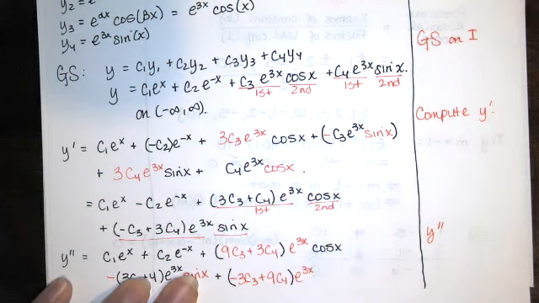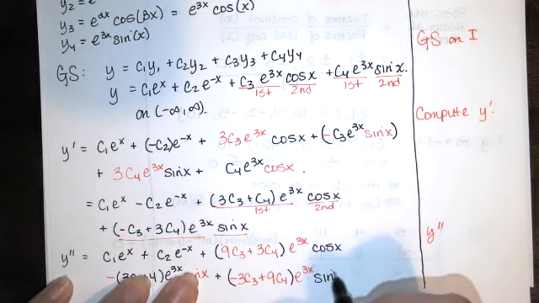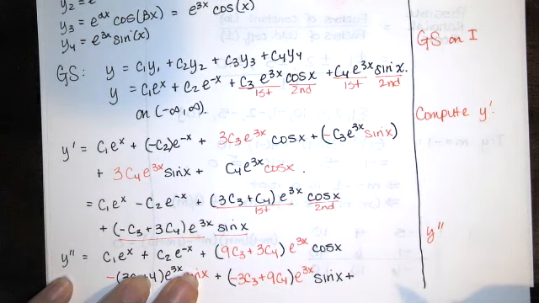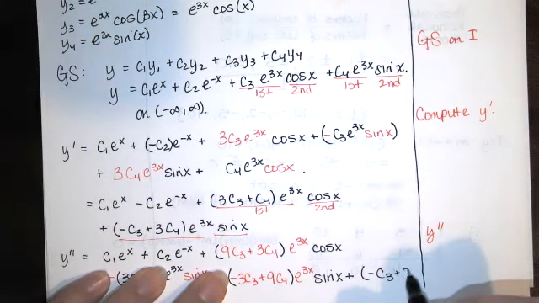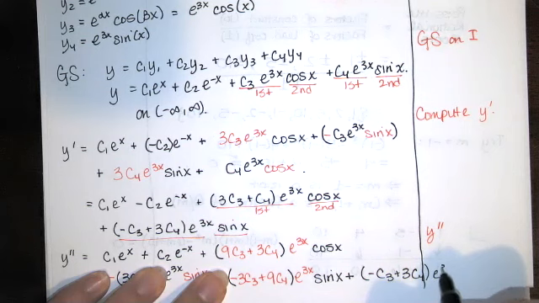That's the derivative of the first. We're multiplying it by the second function, which is sine of x. And then we're adding the derivative of the second times the first. Derivative of sine is cosine. So we'll just have this. You leave that first function alone and you multiply by cosine.